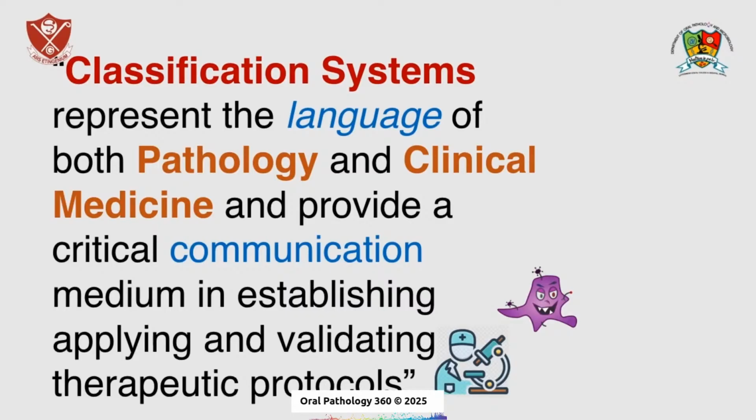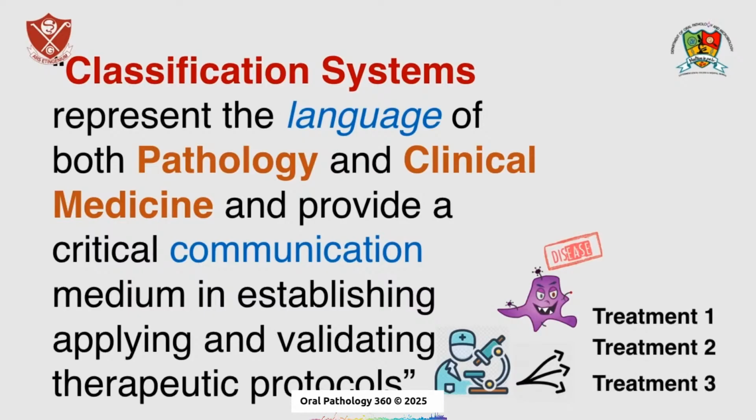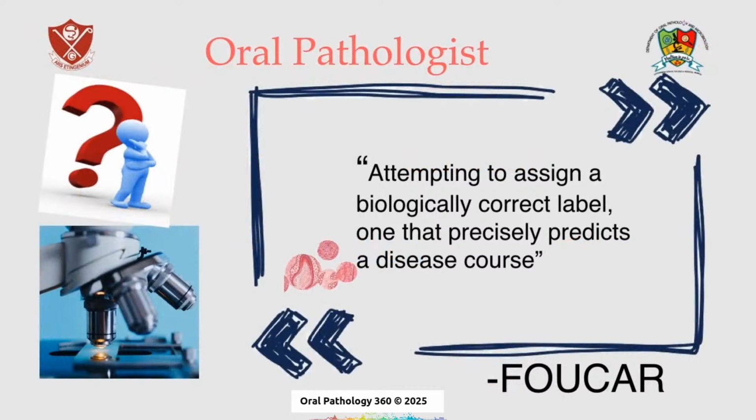The classification systems represent the language of both pathology and clinical medicine and provide a critical communication medium in establishing, applying, and validating therapeutic protocols to the patients. So, being oral pathologists, we're attempting to assign a biologically correct label, one that precisely predicts the disease course of the patient.